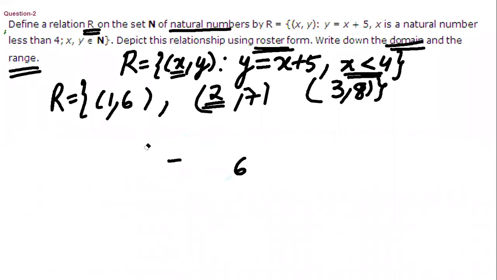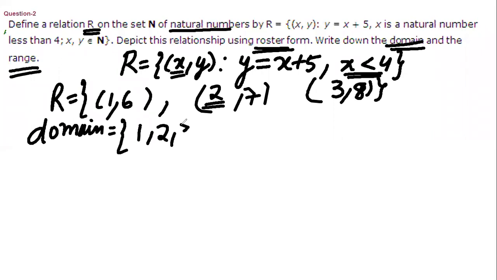Now who will answer? Akshat, you are done. Tell me the domain here. 1, 2, 3. Very good. The answers which we are giving as input, those all are the domain. Next who will answer?